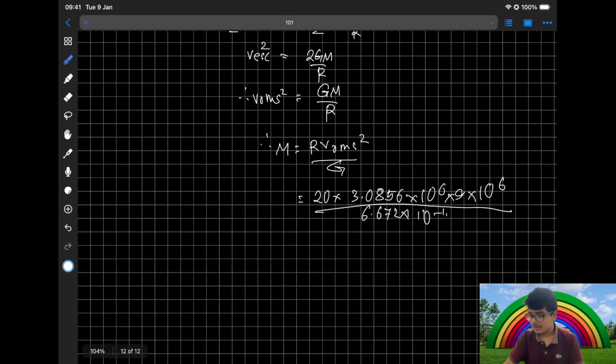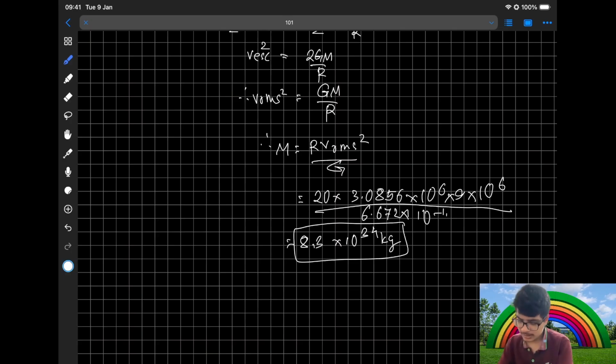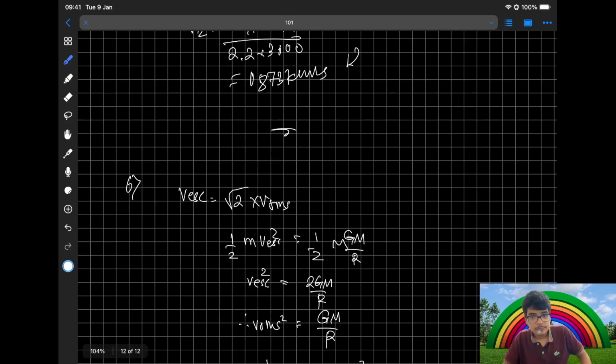So 20 multiplied by the parsecs times this square value, which you will get, and it is approximately equal to 8.32 times 10 to the power something. So the mass will be this much.